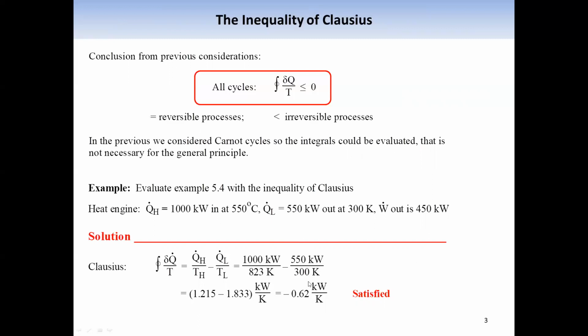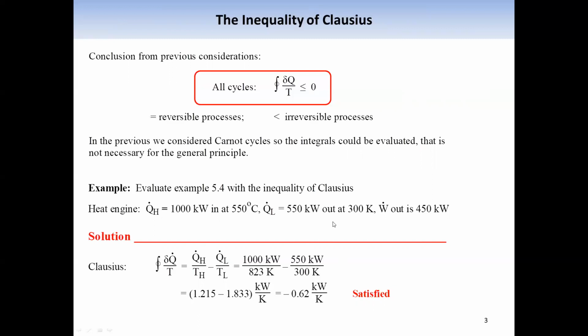At the bottom of this slide, we use the example we discussed in the last chapter for this verification. If the two reservoirs for a heat engine are at 550 degrees C and 300 K, with the work being performed by the heat engine at 450 kilowatts, we are given the heat transfer.